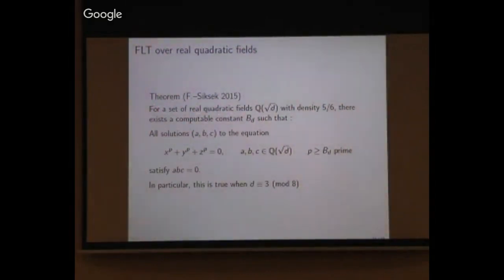For a set of real quadratic fields of density 5/6, there exists a computable constant B(D), so it depends only on the field, such that all solutions to the Fermat equation over this field for exponents bigger than this constant must satisfy A times B times C equals 0. So this means that Fermat's Last Theorem holds over the field if the exponent is large enough.